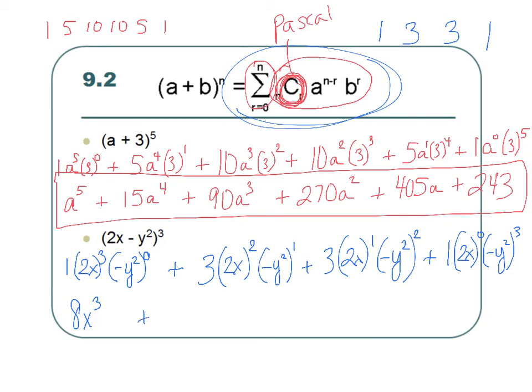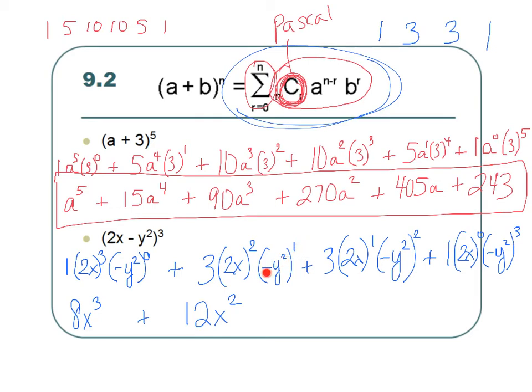Plus, let's go over here. You have a 3, and you have a 2 squared, so that's 4, that's 12. That's my coefficient part. My x is going to be squared. And then this is where it gets a little tricky. I'm taking this power to a power, so you should be multiplying there. That's going to make my y be y to the 4th.